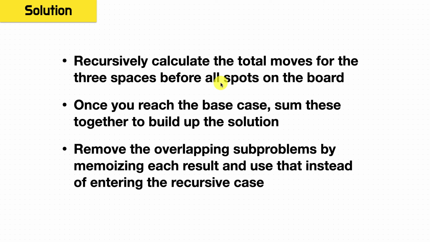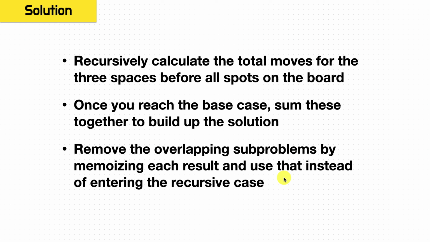We're going to recursively find the total moves to reach any spot by summing the total moves to reach each of the 3 spots before it on the board. Once we reach the base case, we return constants and can start building up the solution by finding the answer to the subproblems and then passing these values along, finding each solution locally until we reach the end and have the global solution.